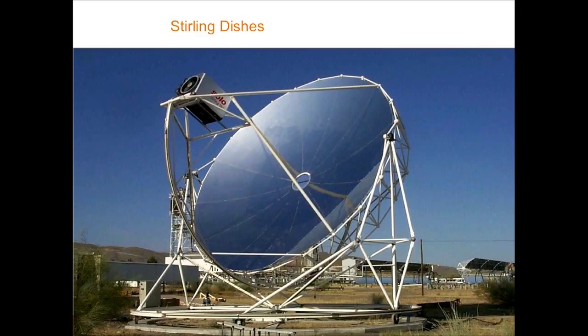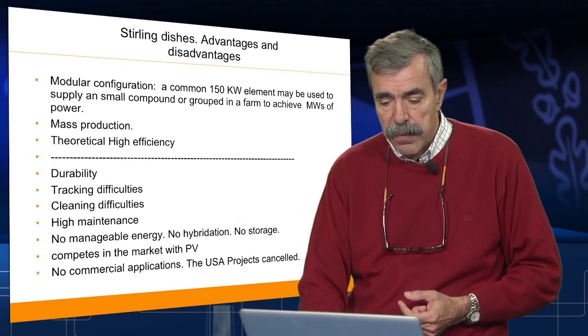And also, obviously, all these rotating structures produce high maintenance. Remember that this is like 6 meters wide, so this is a heavy structure. So it requires a lot of maintenance.